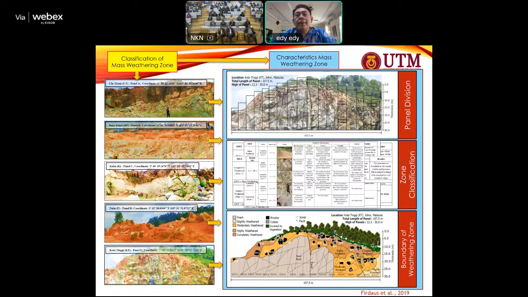So at each particular section, we do all the joint spacing and joint mapping, and then we also understand the material strength and all sorts of the engineering parameters for each material situated at different parts of the profile.